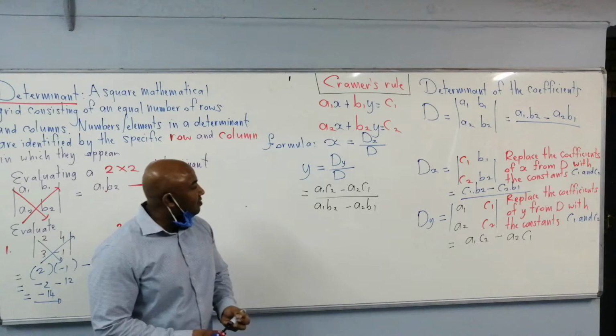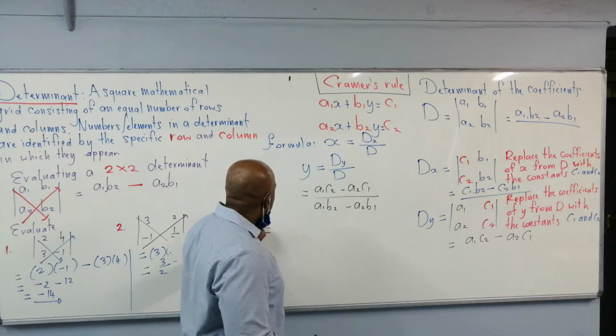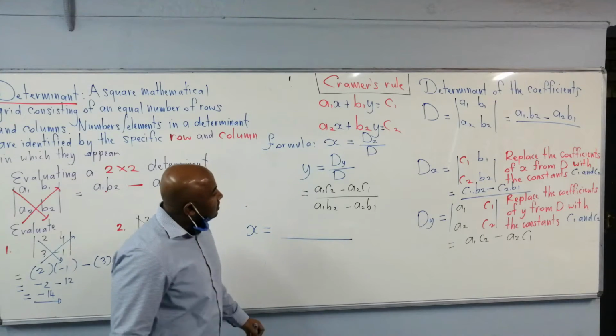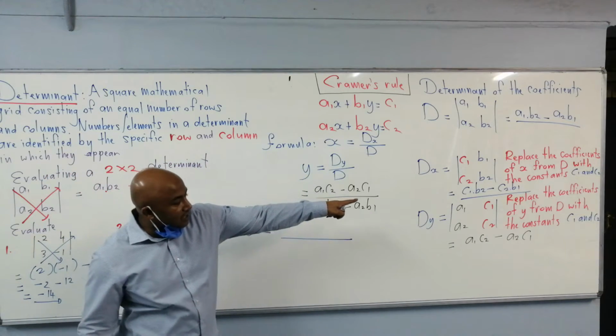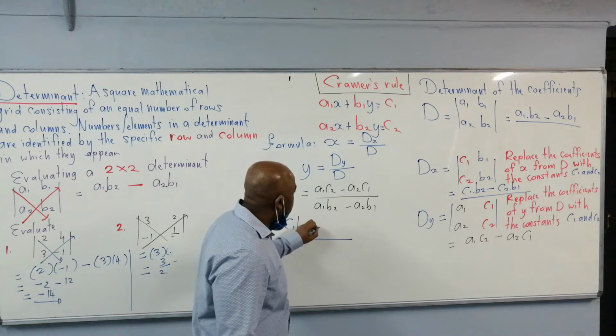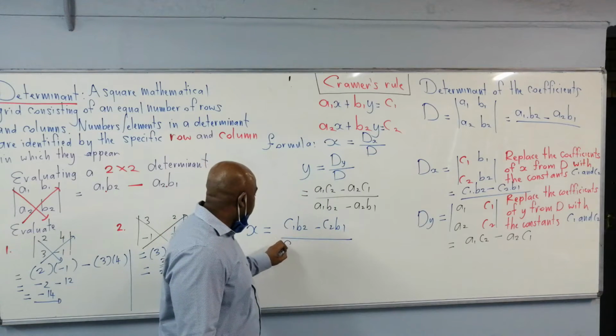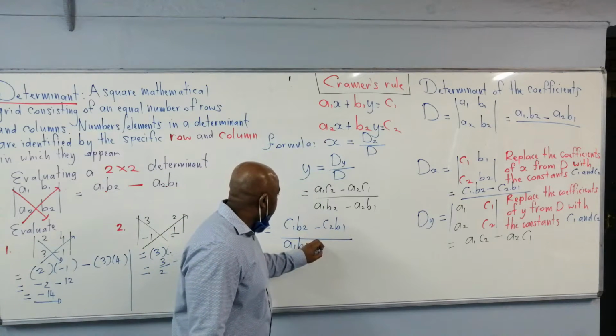So that is my final answer for y. What about x? x is equal to Dx over D. What was my Dx? There's my Dx here, which is c1b2 minus c2b1 over the original D. D does not change, it's the same.